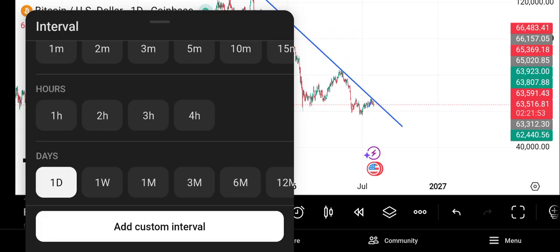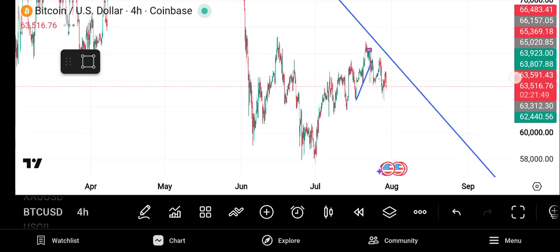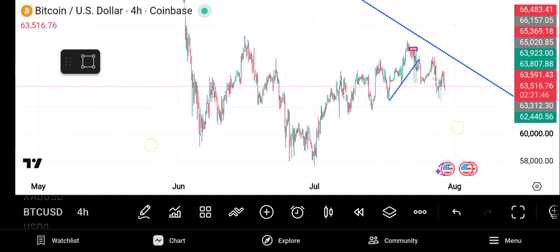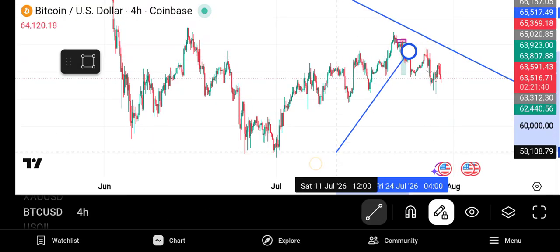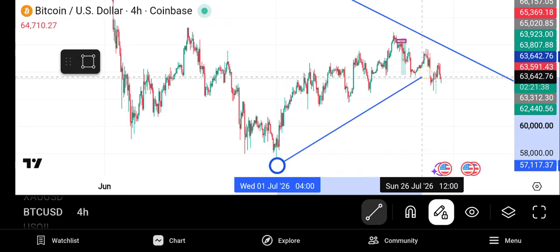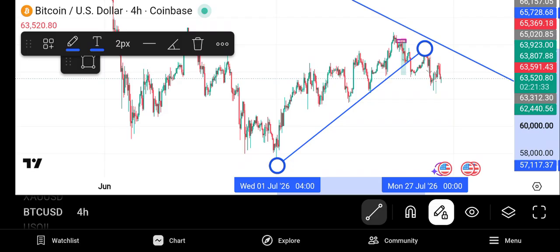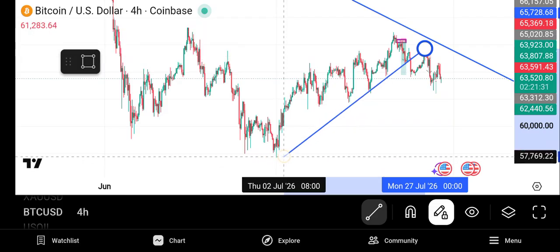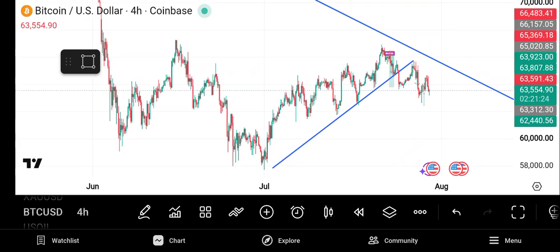As BTC is reversing from this zone, the target is to clear out this 1 hour liquidity, but if you take the 4 hours, you discover that there is liquidity being accumulated at this downside. So we are expecting BTC to sell to clear out this trend line liquidity from the 4 hours time frame. All right, so we are expecting BTC to sell until it clears out this liquidity on the 4 hours.